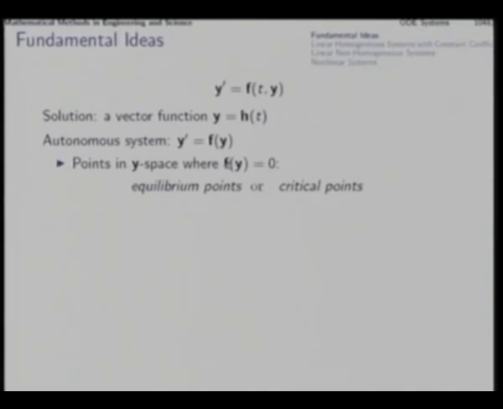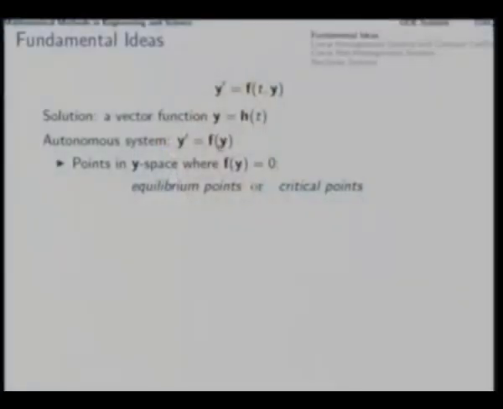Now, if f of y is 0 at a particular instant of time, then that will mean that at that instant of time y prime is 0, which will mean that for a very small instant, for an infinitesimal time from that initial time, you will have no change in y. That means at the next instant of time, say t equal to delta t, the point in the y space, in the state space, will remain the same.